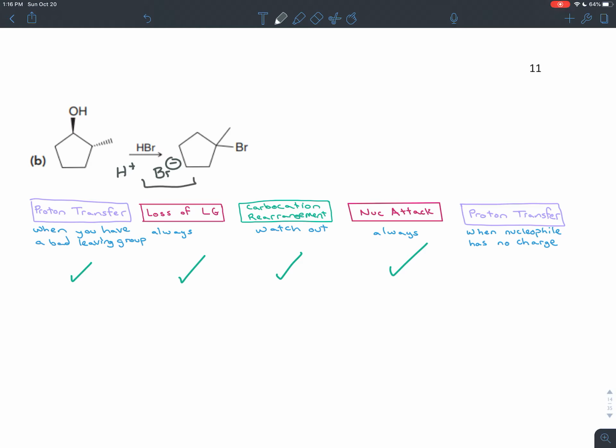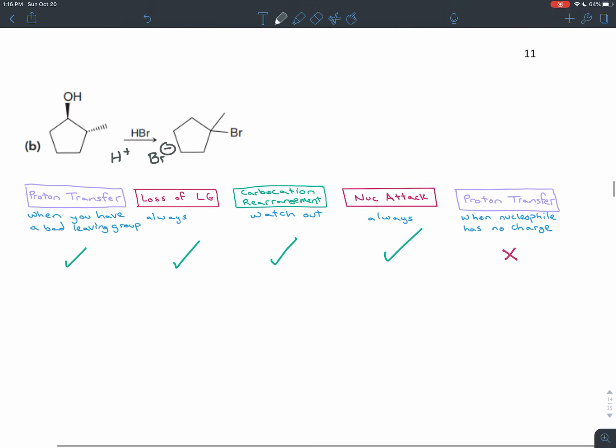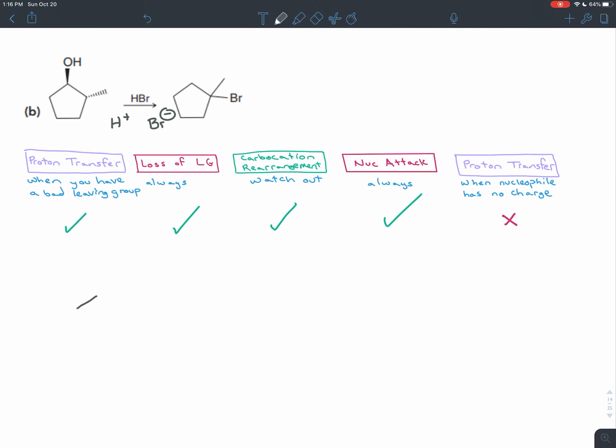So we effectively have a nucleophile with a full positive charge, so we don't have to worry about drawing this last proton transfer. We'll just have the first 4 steps. Okay, so let's try to draw those. So we have our cyclopentane ring. We have a methyl group going away from us, and this hydroxyl group coming out at us.